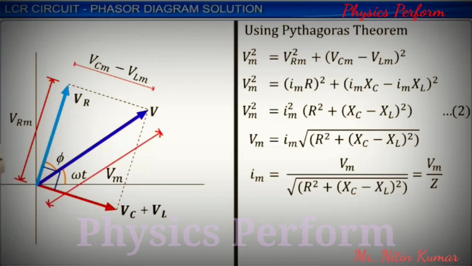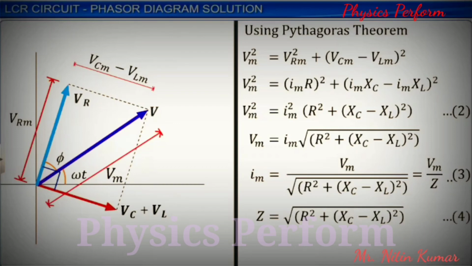Here, Z is the impedance of the LCR series AC circuit, which is analogous to resistance in a DC circuit, and is equal to under root R square plus (XC minus XL) square. Let this be equation 4.